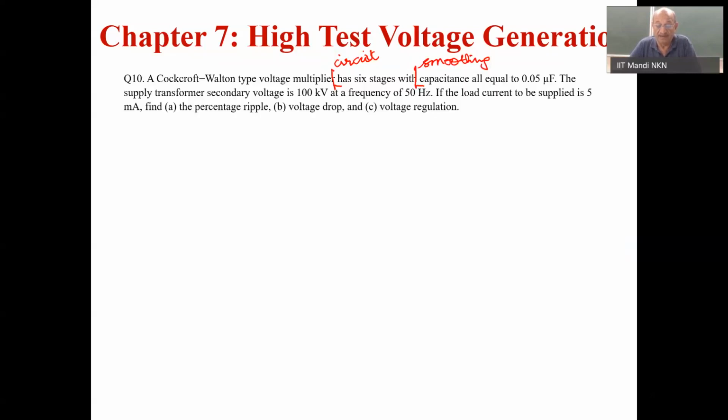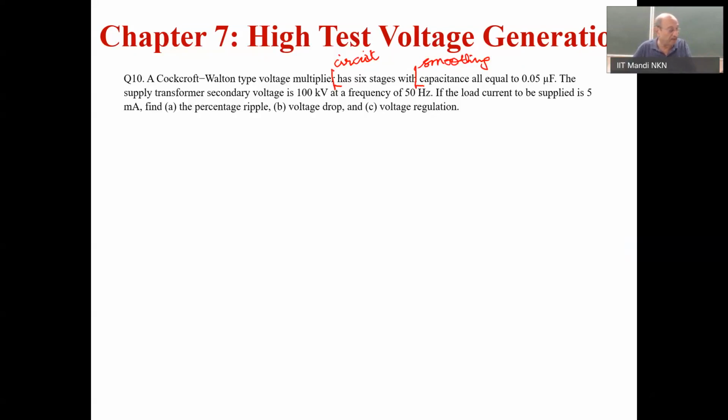If the load current to be supplied is 5 milliampere, once again, the percentage ripple, voltage drop and voltage regulation you have to calculate. So it is more or less a similar problem as we have dealt with in the previous case. You should be able to do it.